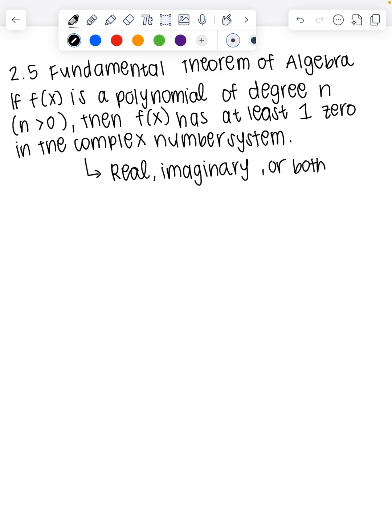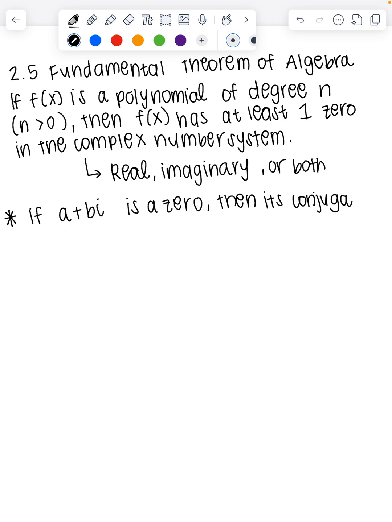So, and what we had originally talked about, I feel like this question came early for us, but essentially if a plus bi, so if that complex number is a 0, then its conjugate, which should be a minus bi, is also a 0.